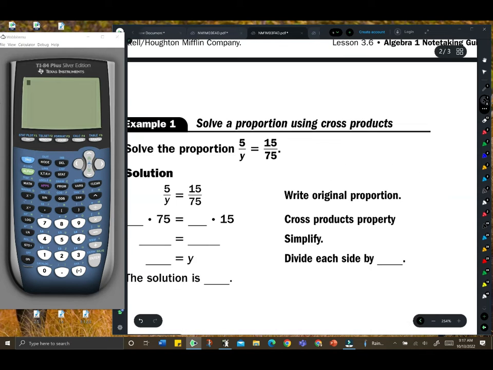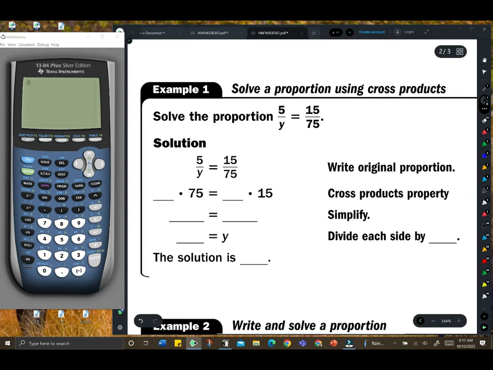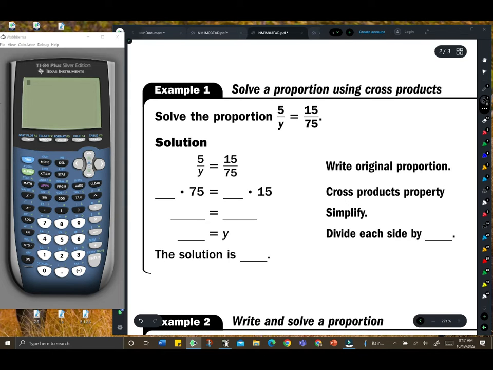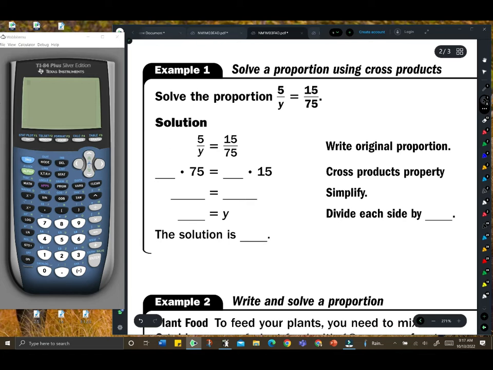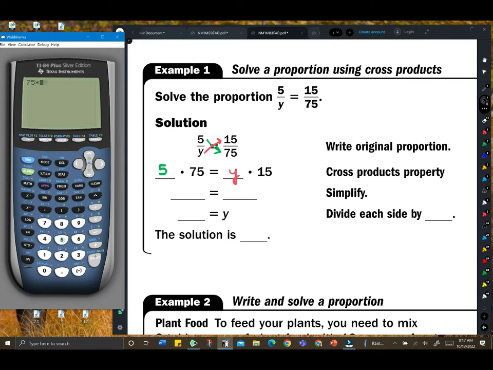Okay, so solving proportions using this method. I know we looked at a little different method yesterday, but this is how easy it is. If you have an example like 5 over y is equal to 15 over 75, we're going to do the crisscross. 5 times 75 is 375.